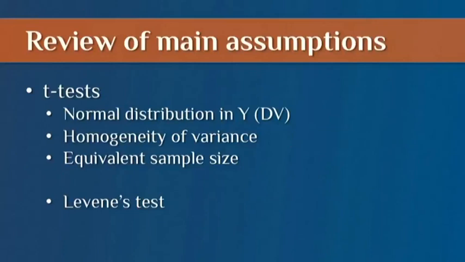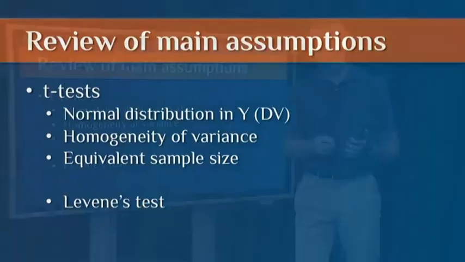When we were doing the independent t-test, we had this other assumption of homogeneity of variance. We're also assuming sort of equivalent sample size across groups. And we could test that homogeneity of variance assumption with Levene's test.